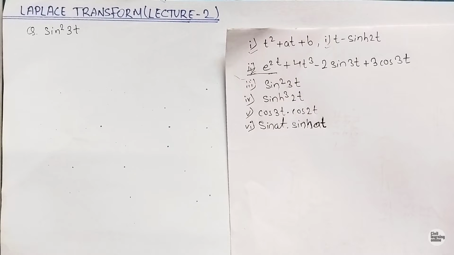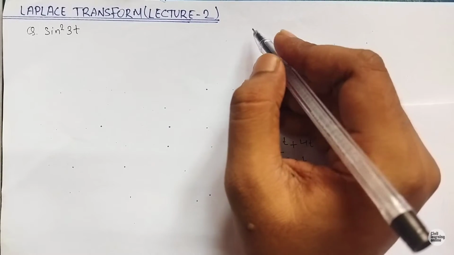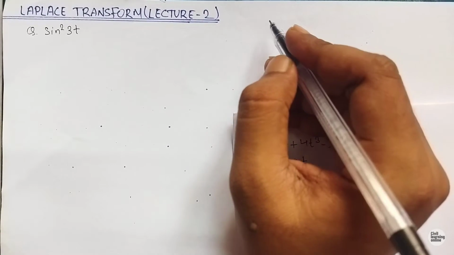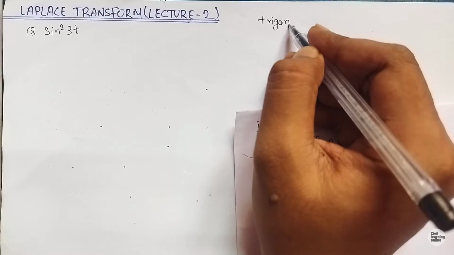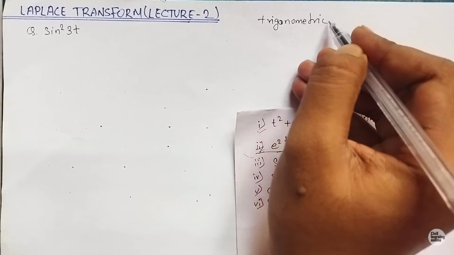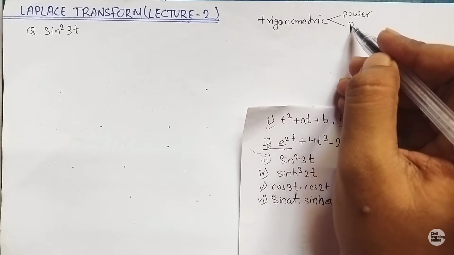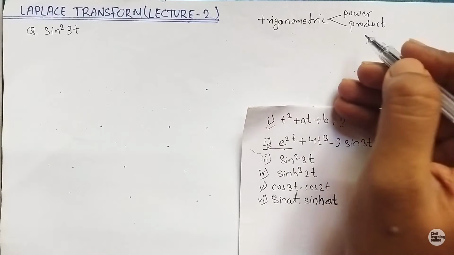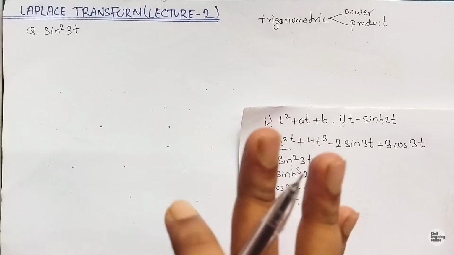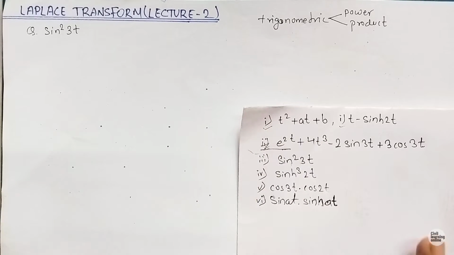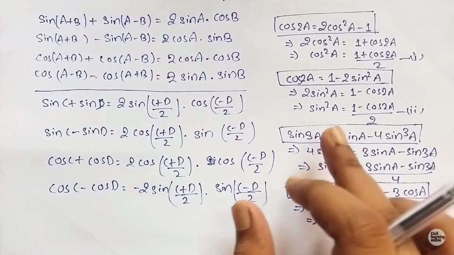Before beginning, what I would like to tell you is that whenever we face a trigonometric function problem, it must not be in power form and it must not be in product form. So in that case we have to remove the power, and for removing the power we will require the formula which I taught you recently.